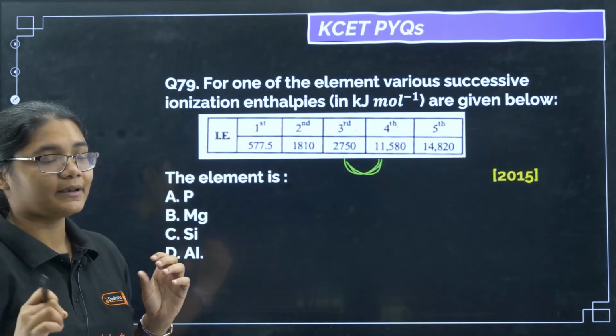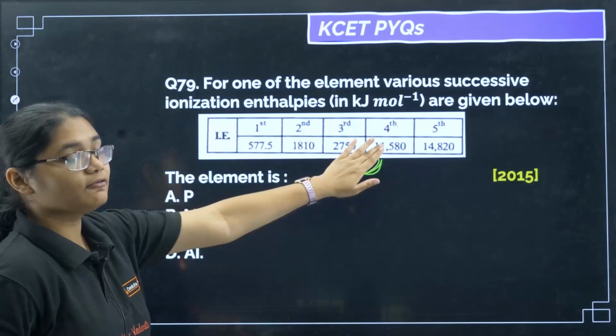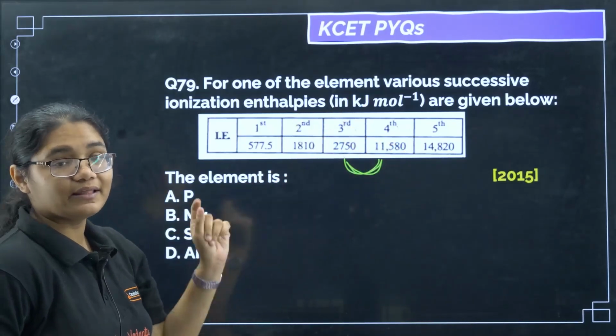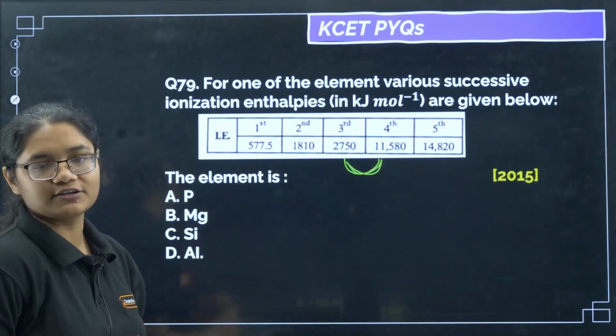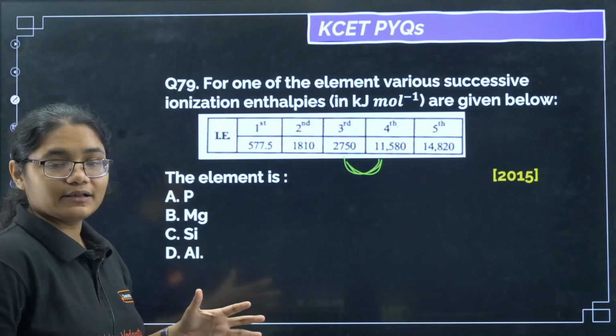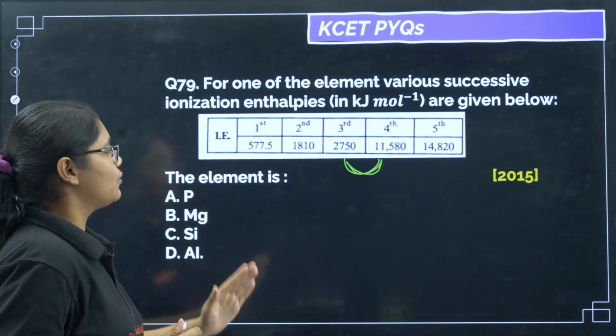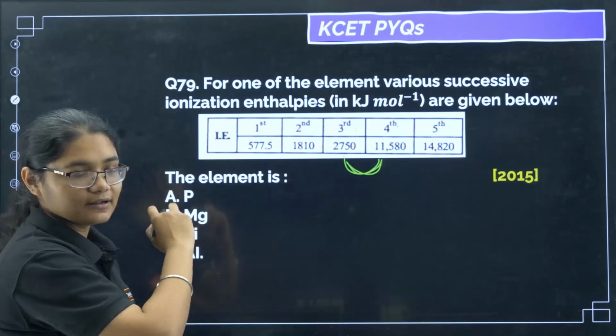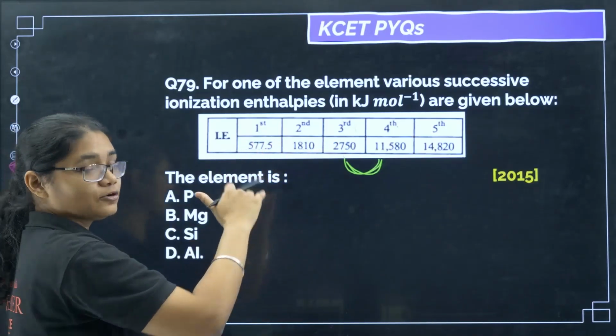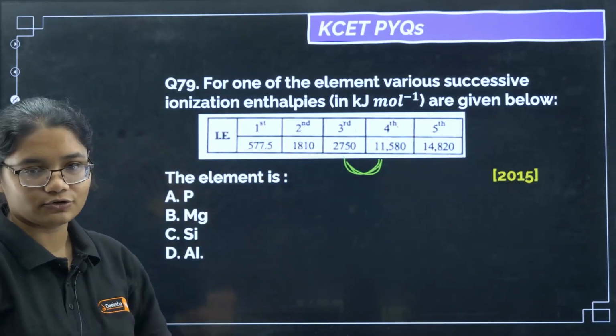Now why does that happen? That is because when I am removing the fourth electron, I am removing the electron from a noble gas configuration. That is why it is already stable and you have to put in a lot of energy to break that stability. So which can be that element? If I want to remove 3 electrons easily, 3 valence electrons should be there.